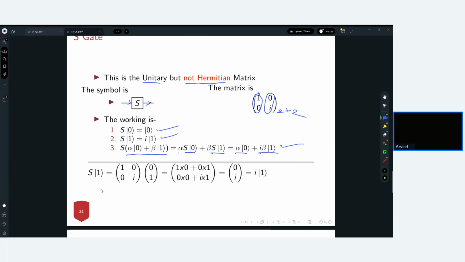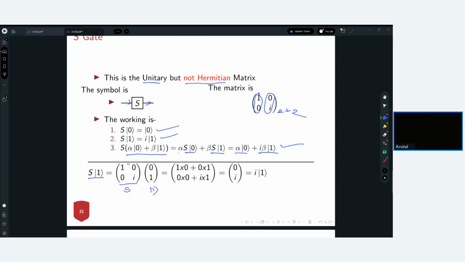Let us verify once again, with input ket 1, by doing matrix multiplication for the S gate. If the input is the qubit 1, this is the S matrix for the S gate, and this is the vector representation of ket 1.